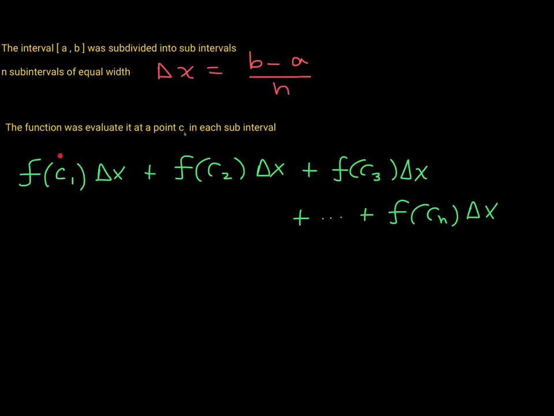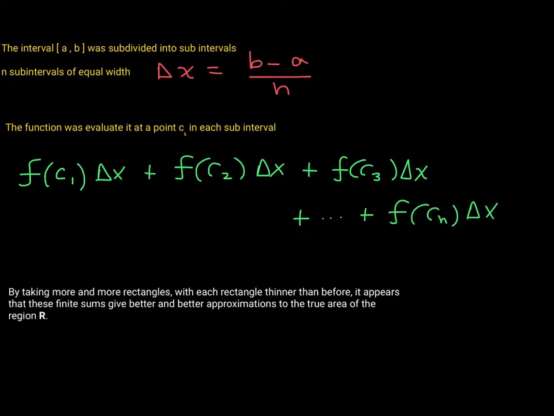So this is giving us the height: f of c sub 1, f of c sub 2, f of c sub 3, f of c sub n. All of these are the heights, and each of these delta x is the width of each rectangle. So when we are adding all of these terms, we're basically adding the area of each of these rectangles.